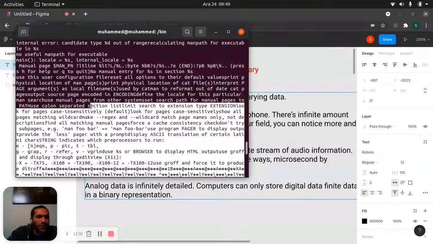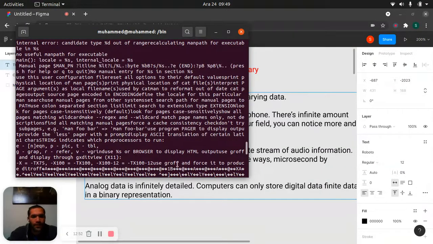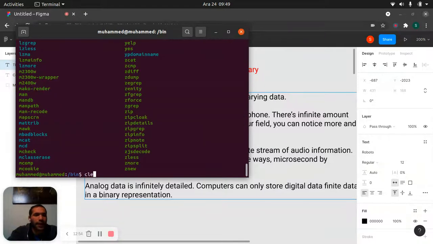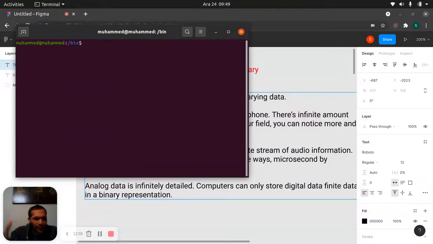All of them, okay? Let's do C and let's come back. You can think our sounds file like that, okay? So I mean computers can only store digital data, finite data, in a binary representation. So you are speaking, your sounds coming in binary numbers, okay? Then with the wires, with the circuits, all information going coming like that.